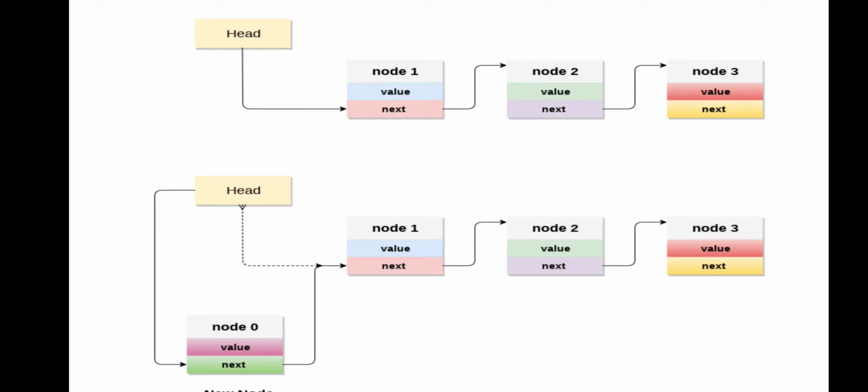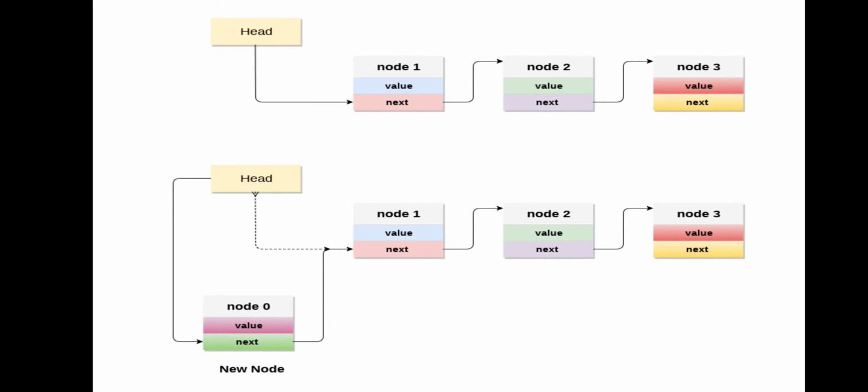See here, node 1 address is available at a head node, and value contains value, and the next field of node 1 contains address of the node 2, and node 2 contains value, and its next field contains the address of the node 3, and node 3 contains next field address of the node 4, like that.